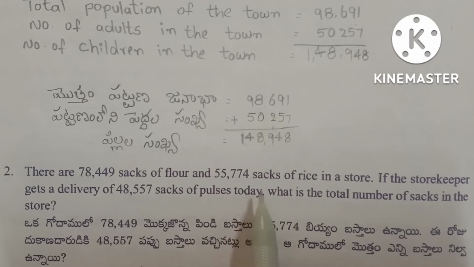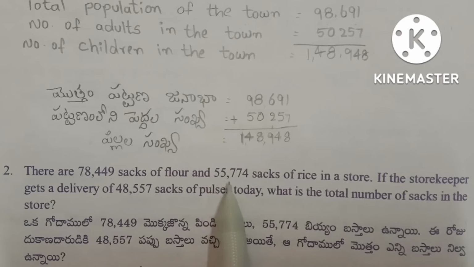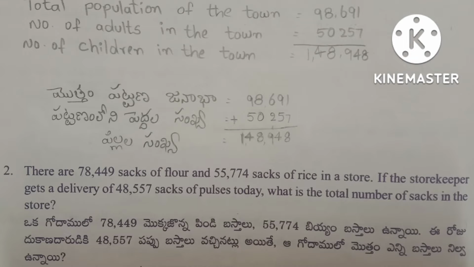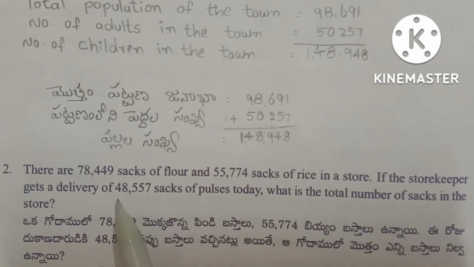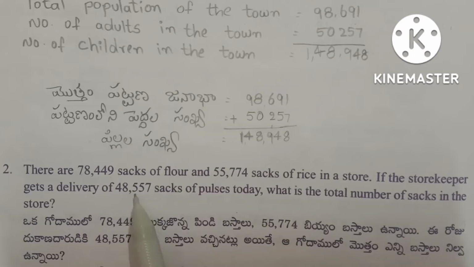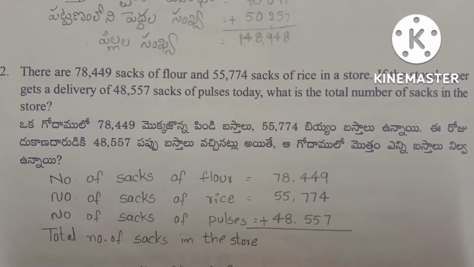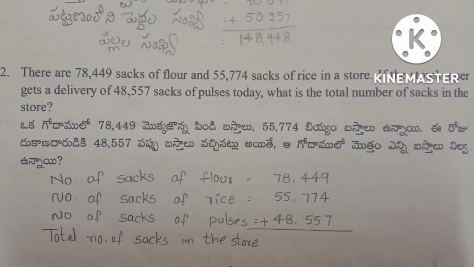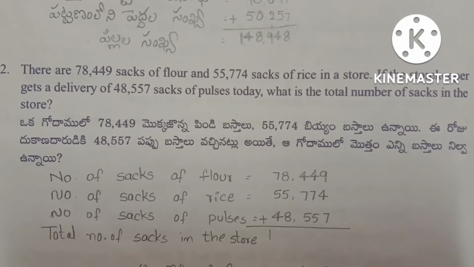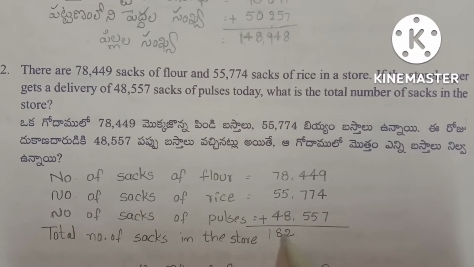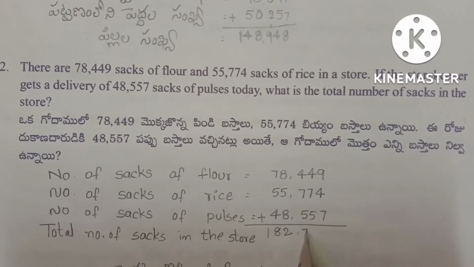Number of sacks of rice equals 55,774. Number of sacks of pulses, 48,557. Total number of sacks in the store equals 1,82,780.